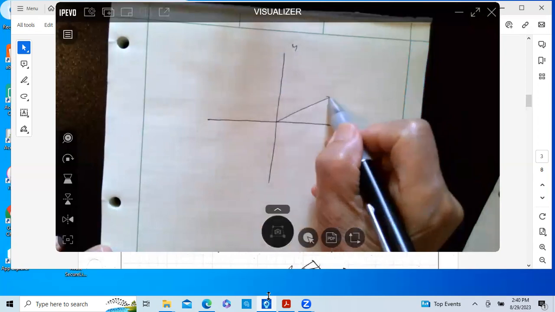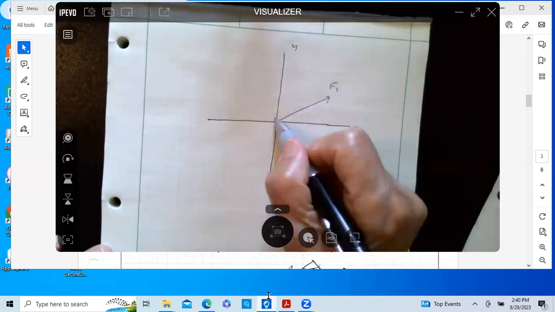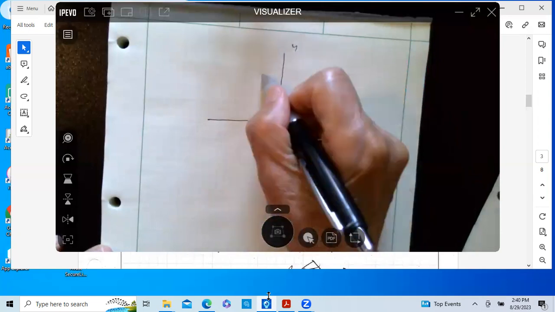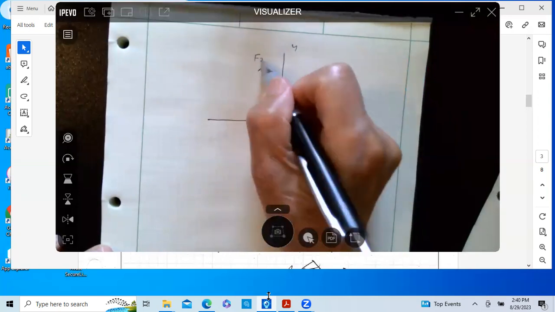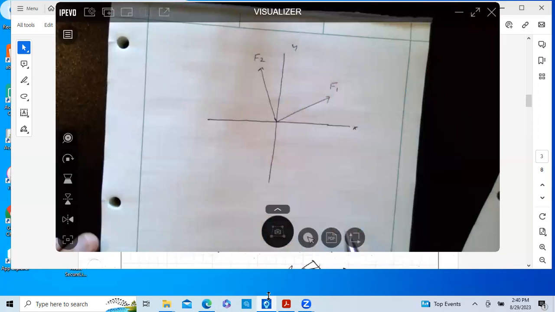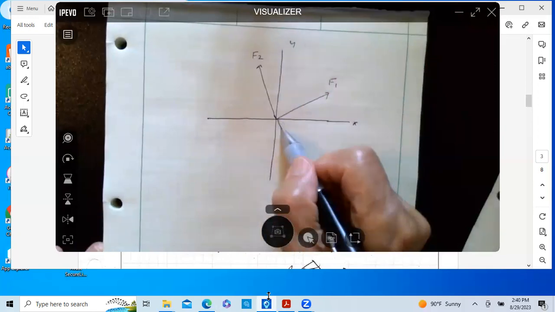I have a force F1, force F2, and I will have a force F3.